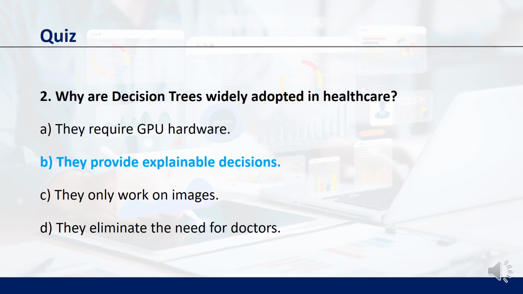Option A is incorrect because requiring GPU hardware is not the reason for using the decision tree. Option C is incorrect because decision trees are not limited to images. And option D is also incorrect because machine learning models do not eliminate the need for doctors. So remember, explainability is an important advantage of decision trees.